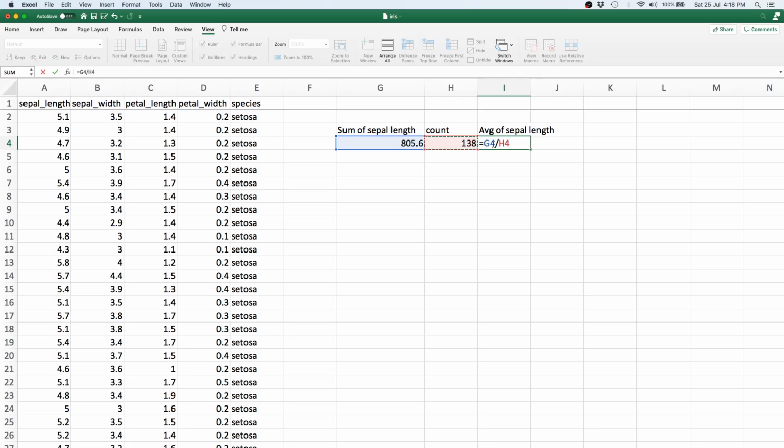So what I did was I simply wrote an equal to sign and I clicked on a particular value. Then I typed in the slash sign, which indicates division, and I clicked on the other cell that was the divisor. And then when I press enter, that's it. That's basically the mean of my particular column.